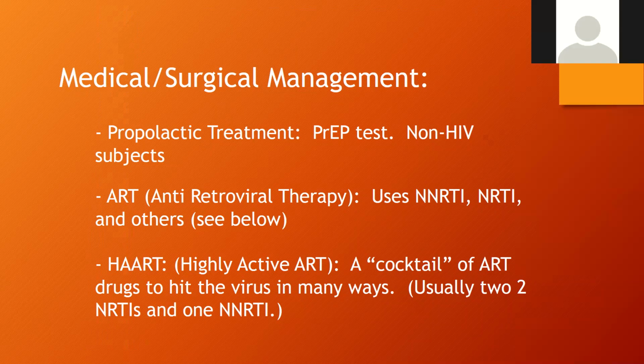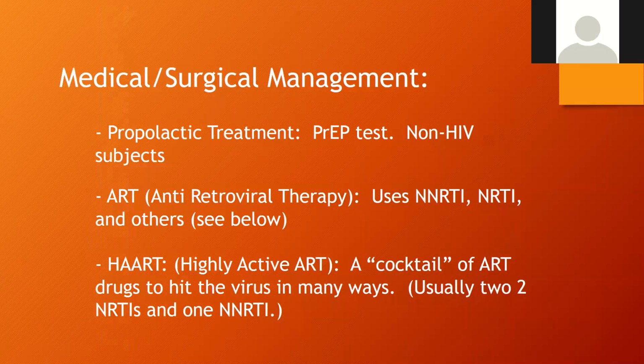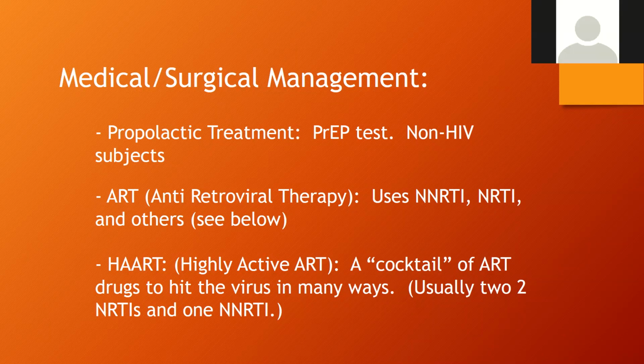The COVID vaccine is a messenger RNA type vaccine. It uses messenger RNA, whereas this treatment for AIDS is a retroviral treatment. So they're two different types of treatment. Right. But I wonder how affected their T cells are.